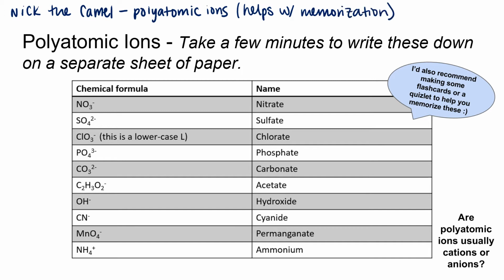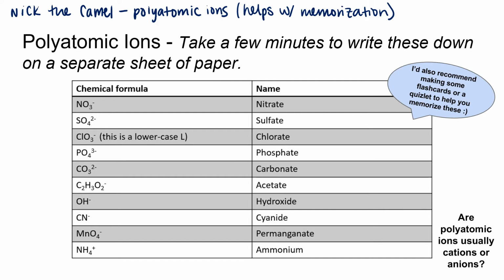So as we write these down, let's take a look at these charges. We see in nitrate, we have a polyatomic ion of NO3, 1 minus. Sulfate has a formula of SO4, 2 minus. Chlorate has a formula of ClO3, 1 minus. And all the way down to ammonium with a formula of NH4 plus.